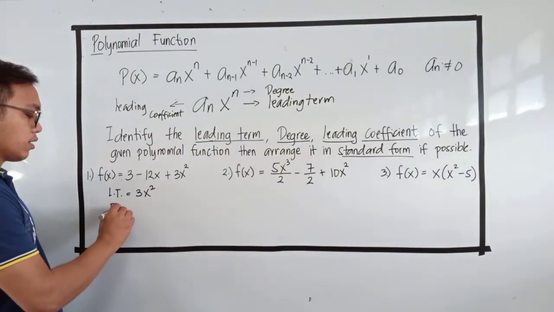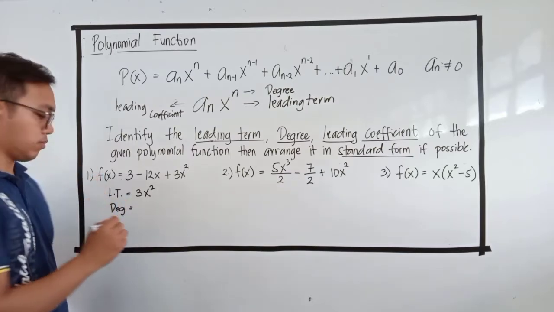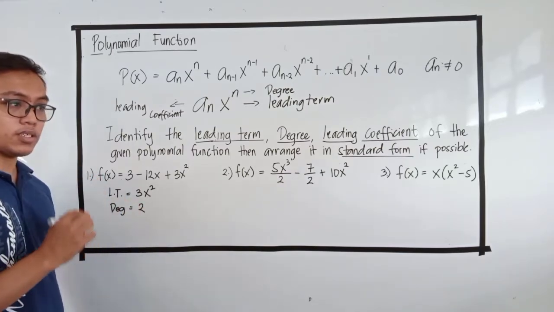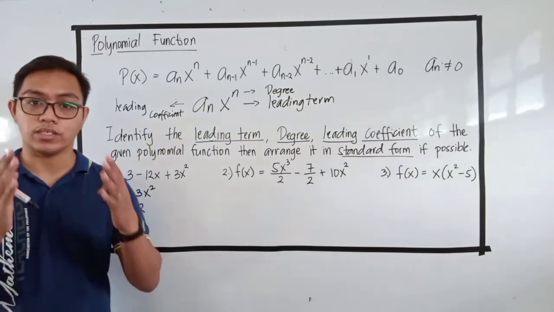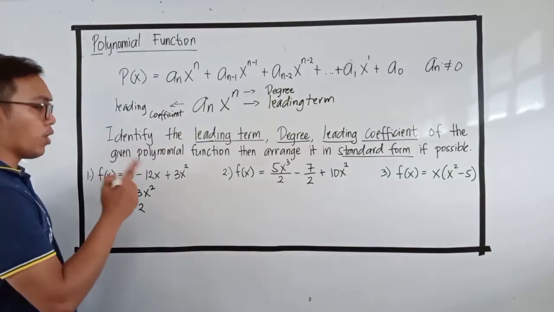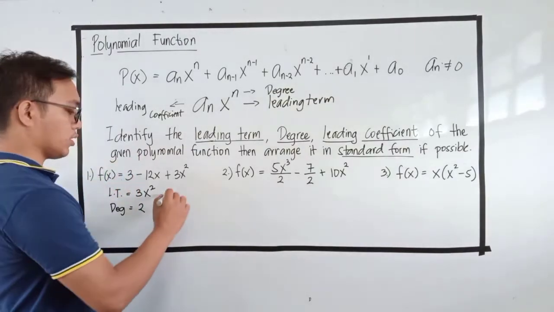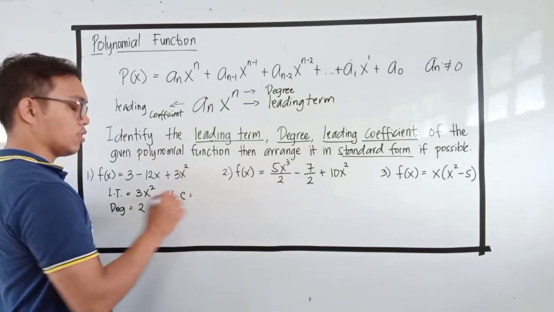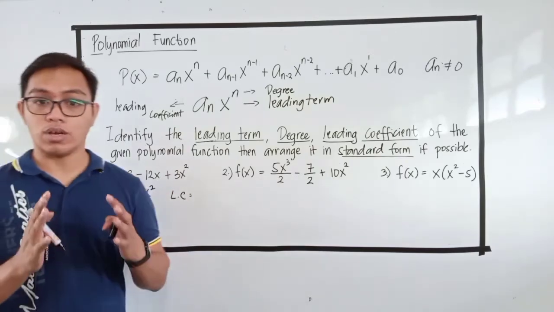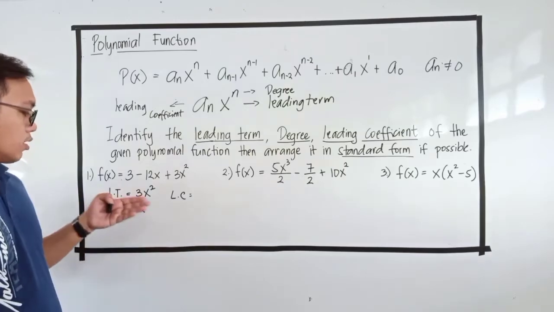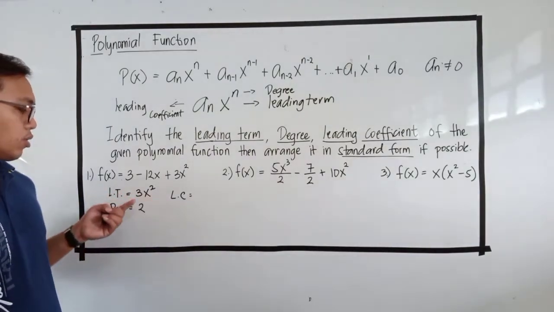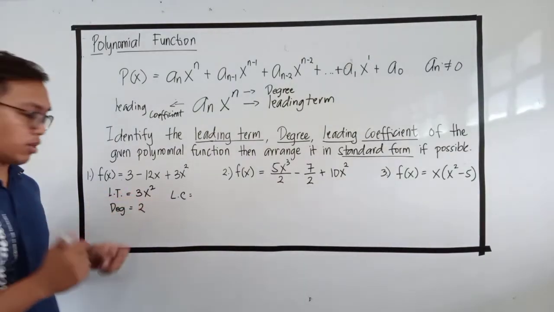The degree is 2, since the highest exponent that we have is 2. What is the leading coefficient? The leading coefficient is the coefficient of the leading term. The leading term is 3x squared, so therefore 3 is the leading coefficient.